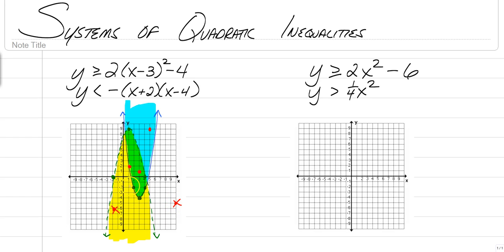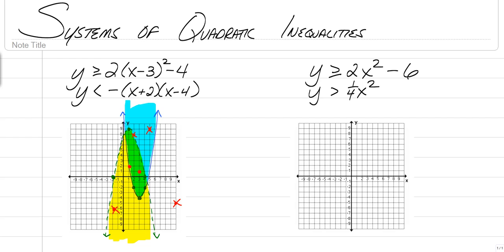Also, if you were right on the dashed line, that would not be a solution, because you are on a dashed line, not a solid line. So in terms of quadratic inequalities, it's very similar to linear inequalities. It's got to be on a solid line that's on the shaded region or somewhere inside the shaded region.